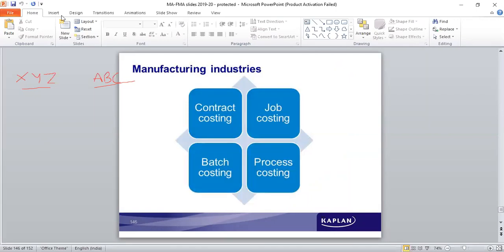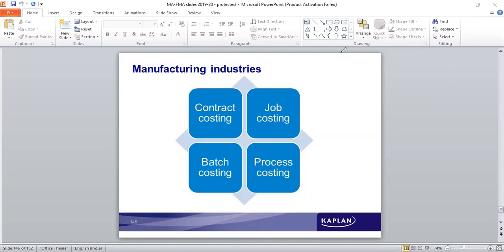Of course, we have learned about these things. Only the contract costing I have not explained. Job costing, when one job is taken up and on completion of the job, all the costs are accounted for specific to that particular job. So that's job costing.